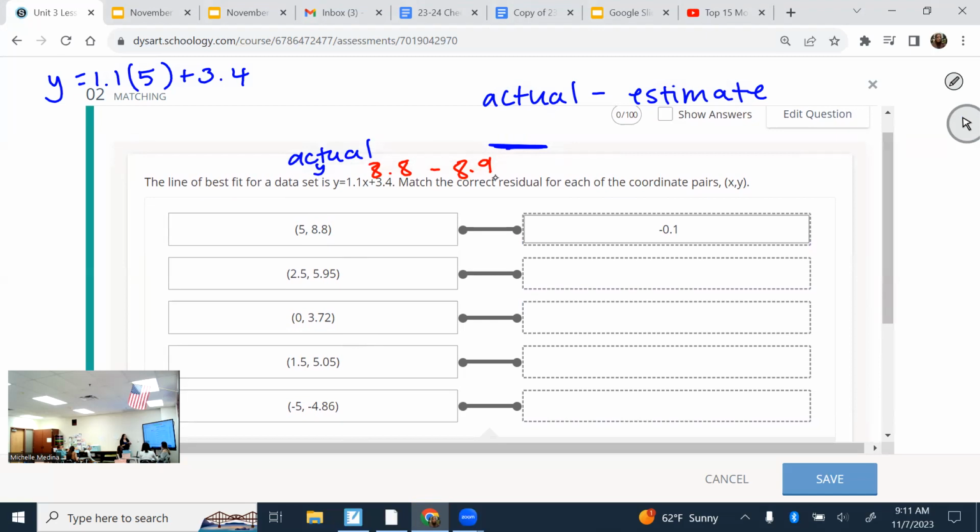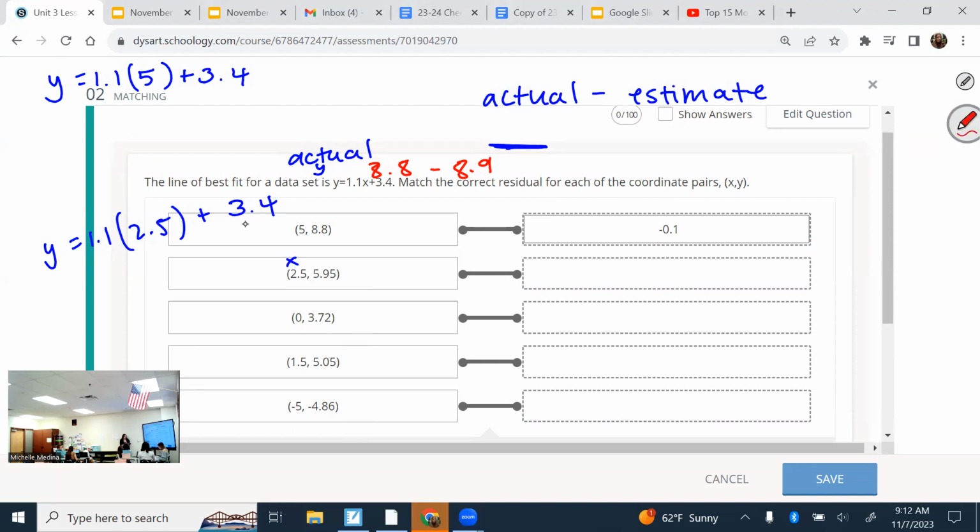So then same thing for this one. You have to plug in your X so that you can get the estimated value. You're plugging it into the line that you're given. So you plug it in, 1.1 times 2.5 is 2.75, plus 3.4 is 6.15.